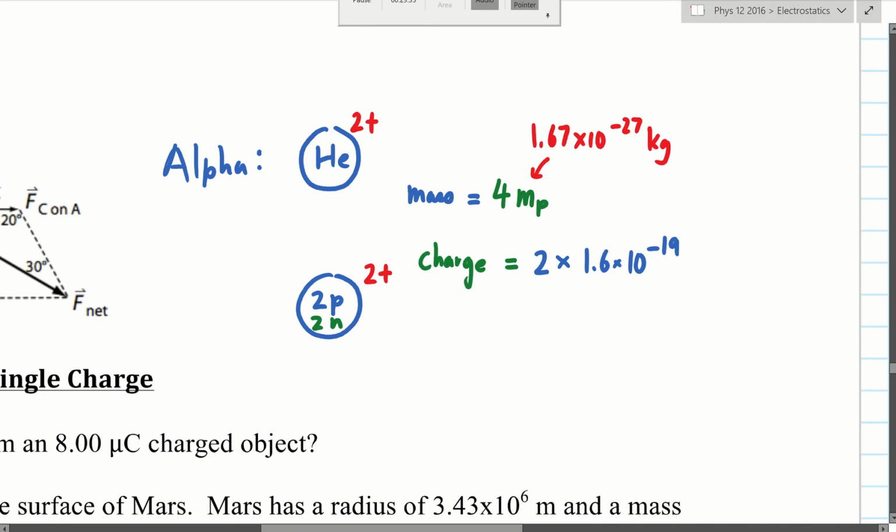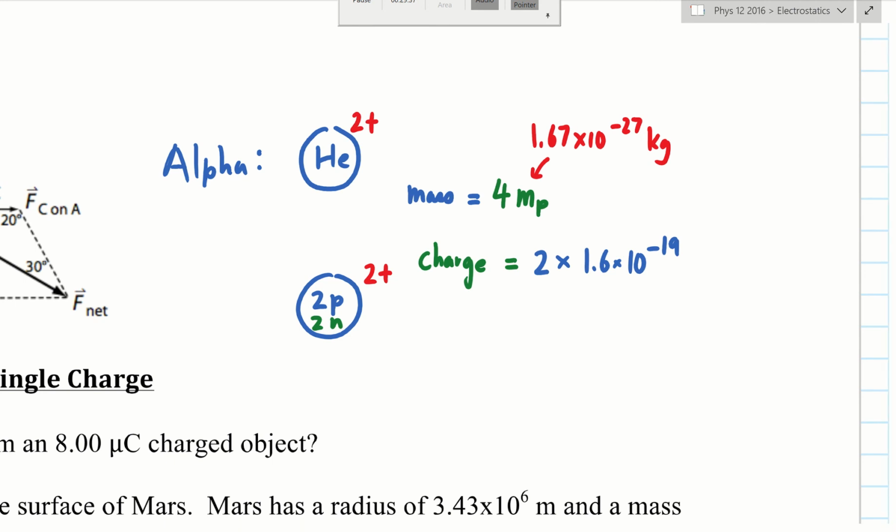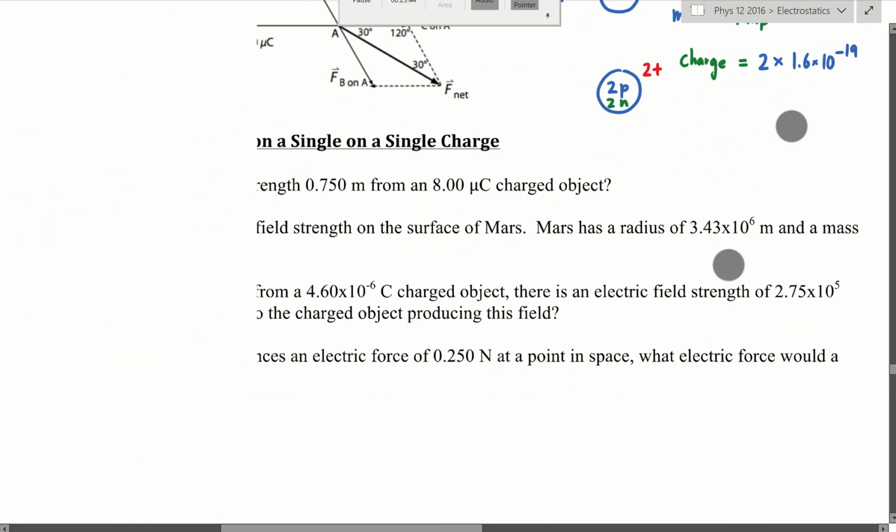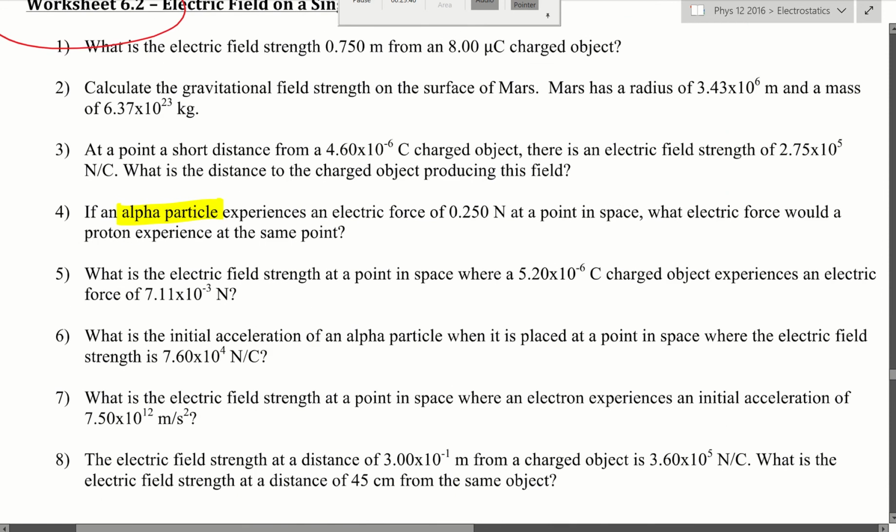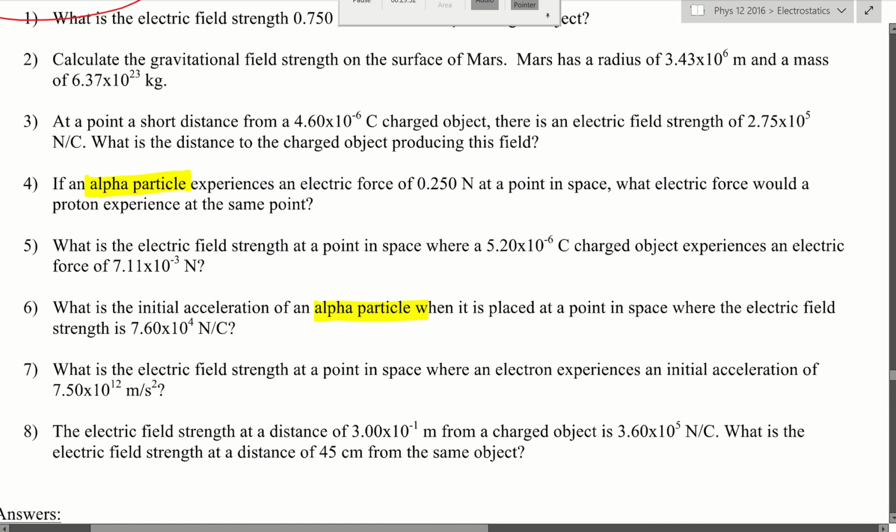For example, questions 4 and 6, I think, are both related to alpha particles. There's another one.